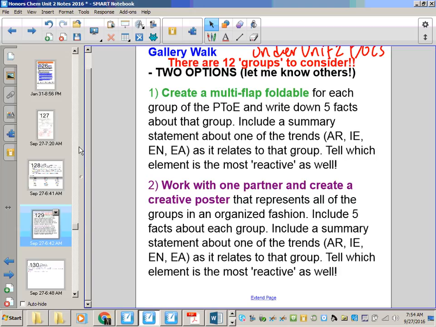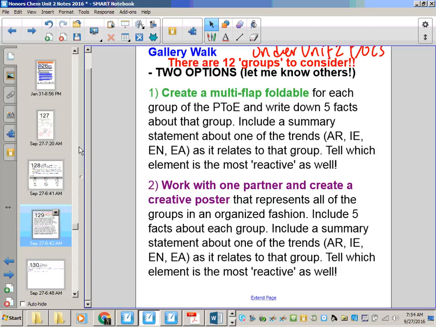What if we just put the information on like a table?